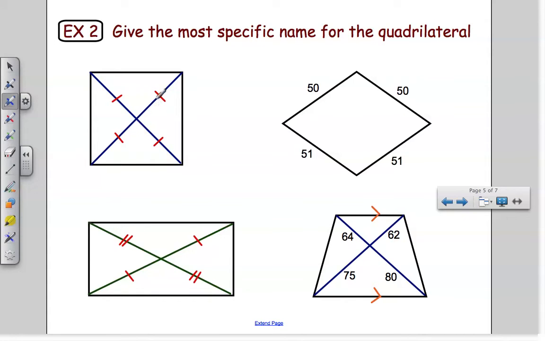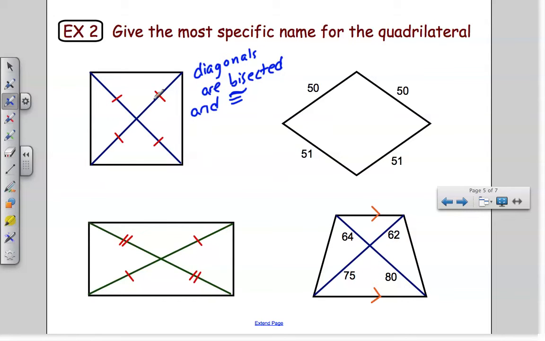Because I have one tick mark here and here, one tick mark here and here, so I'm thinking the diagonals are bisected. Both of them are cut in half. I see congruent tick marks, but also if it's all one tick mark, the diagonals themselves are congruent too. So they're bisected and congruent.